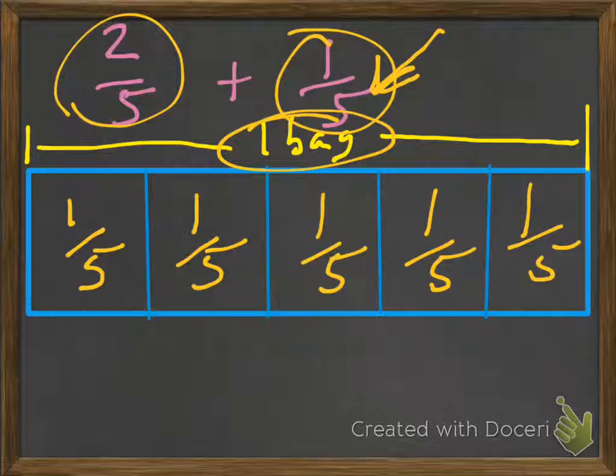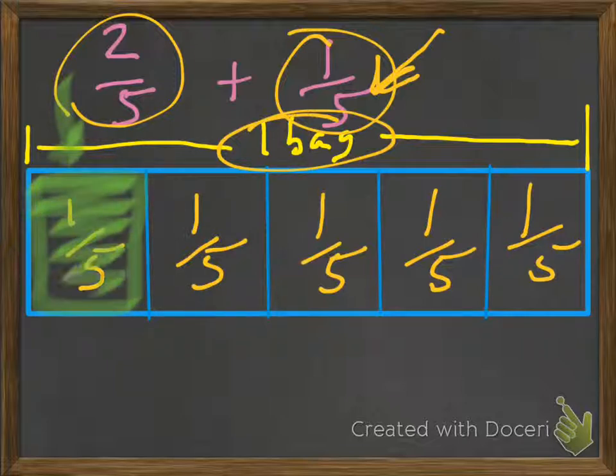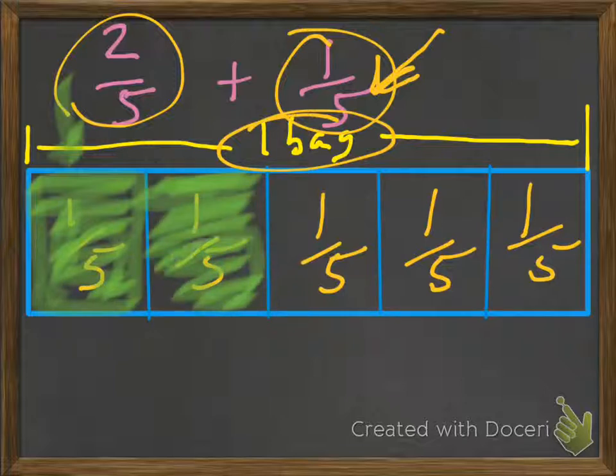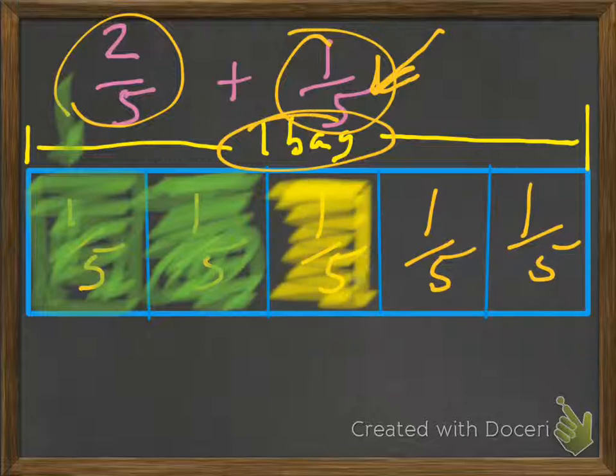So what we can do is go ahead and highlight 2/5. 2/5 would be the bread, and then we would go ahead and do 1/5, the muffins. And there we have it.